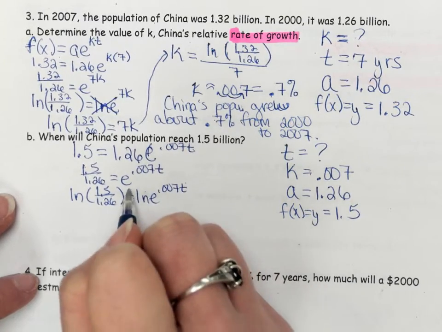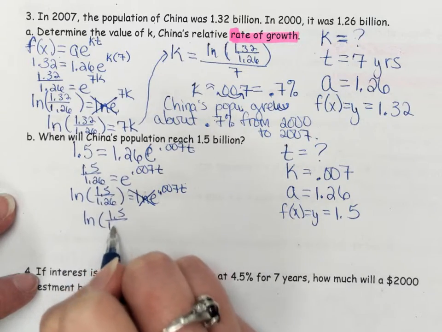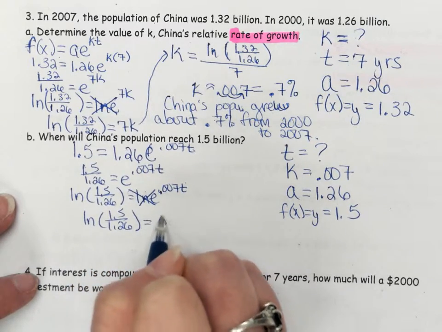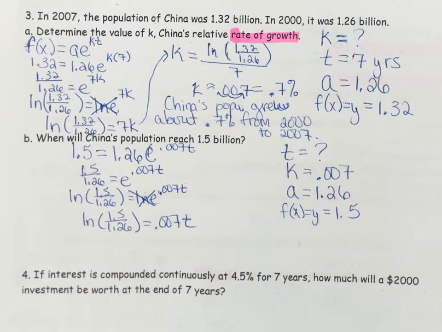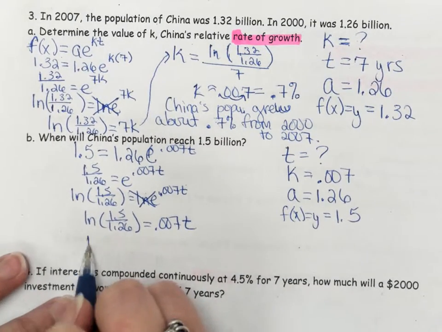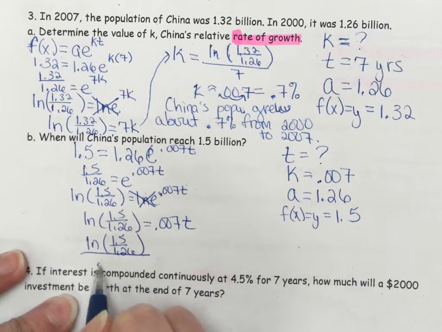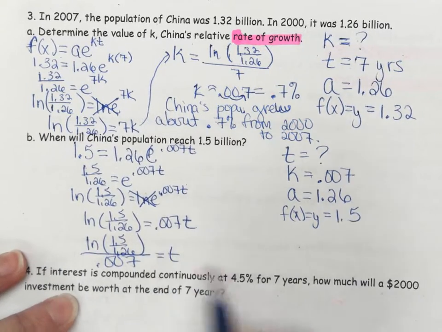Now, what would I do? Divide. Very good. So natural log of 1.5 divided by 1.26, all divided by 0.007 is equal to t.